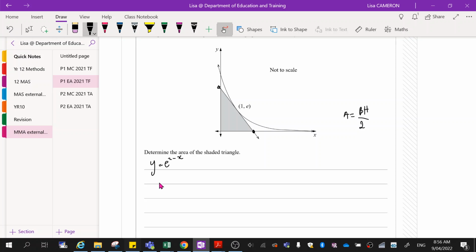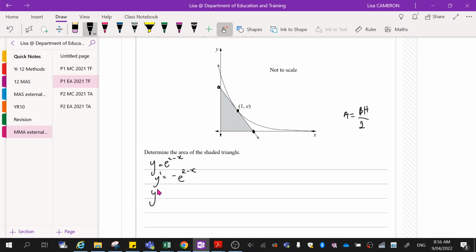Okay, so y dash is going to be equal to, the derivative of this top part will be -1, so -1 times e^(2 - x). Okay, and then we've got that this point here on the line is at (1, e). So I've got this point here.